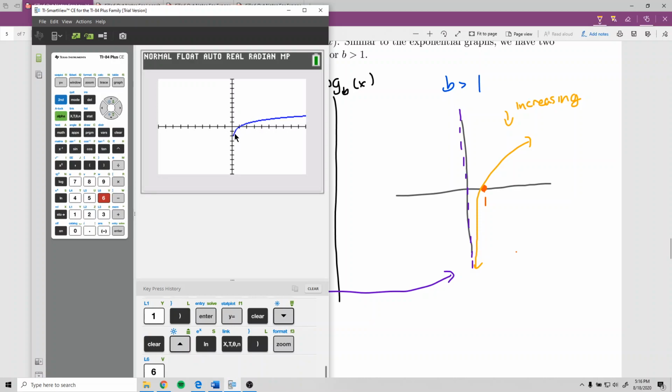The reason the graph looks cut off is the vertical asymptote: it gets so steep that it can't actually draw it in. So there is an invisible vertical line here. But it looks something like this shape if you could imagine flattening this out next to the y-axis.